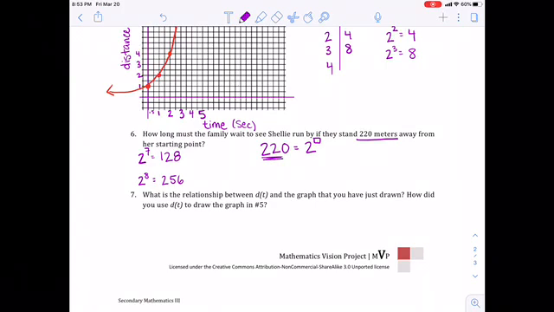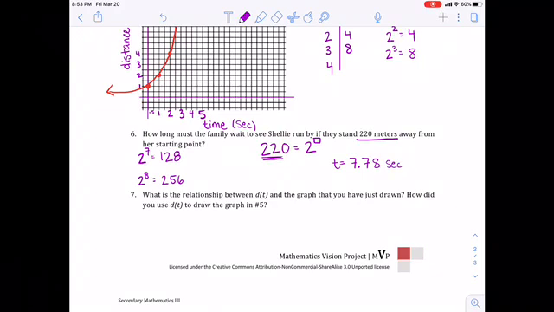So then I know that my power will have to be a number in between 7 and 8. So I'm going to go ahead with my calculator, try out different decimals between 7 and 8 until I find the decimal I want. And if you've already done this, you hopefully found out that t is equal to approximately 7.78 seconds.